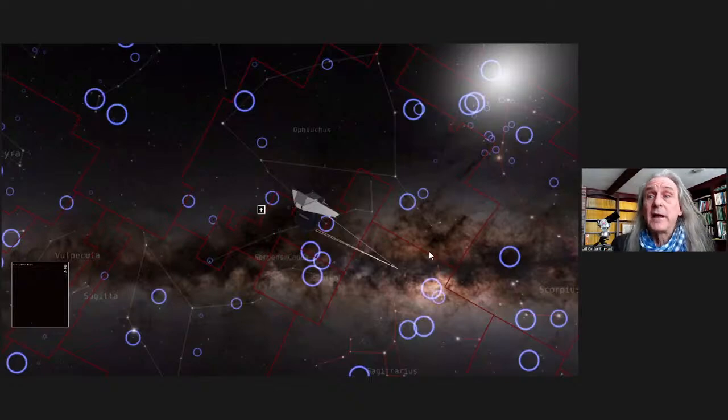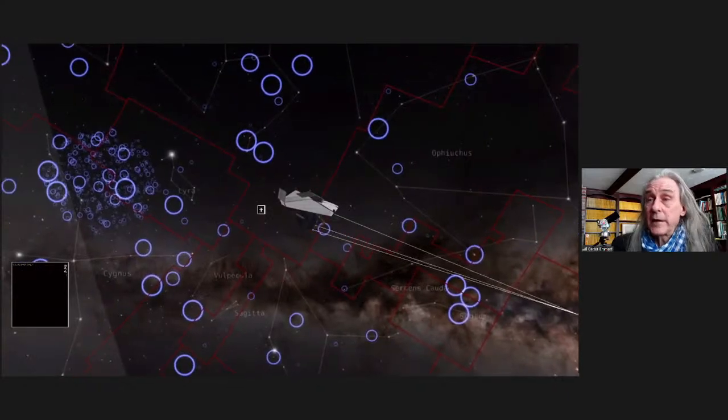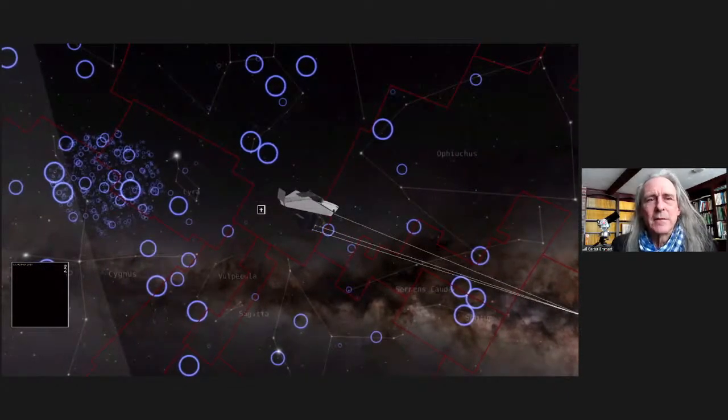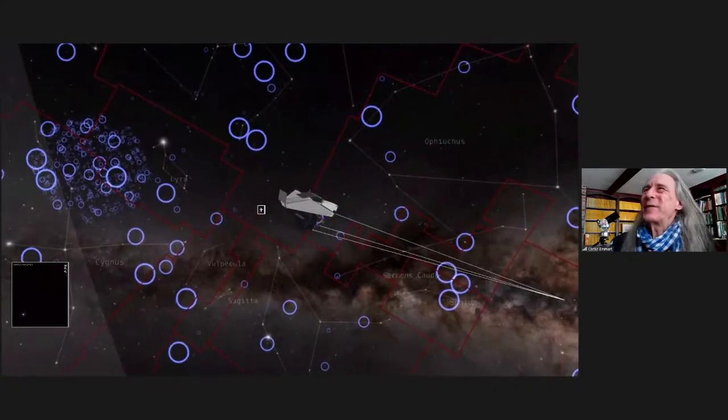So a typical galaxy like ours may have, in fact, about a trillion planets. And we're the only place that we know of that has life. But anyway, it's vast. So are there any other questions?